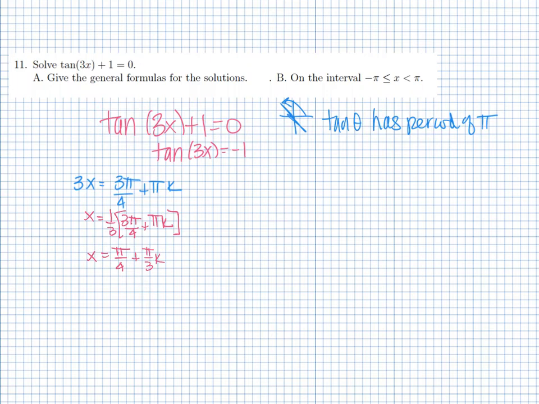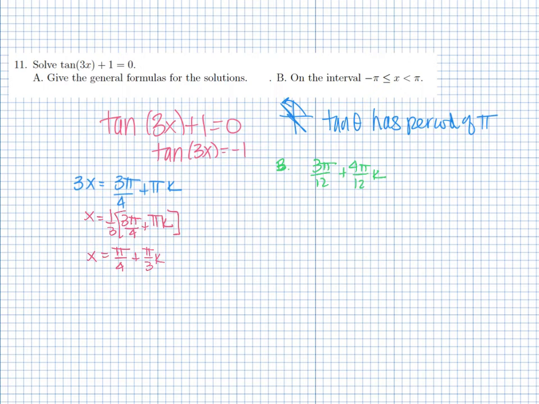But when we look at part B and we're asked to find the answers on the interval, we need to simplify this a little bit so we have a common denominator. So I get 3π/12 plus 4π/12 k. That just helps me with adding my circle rotations around to it.